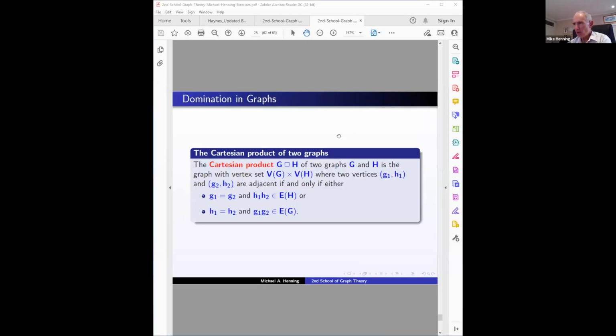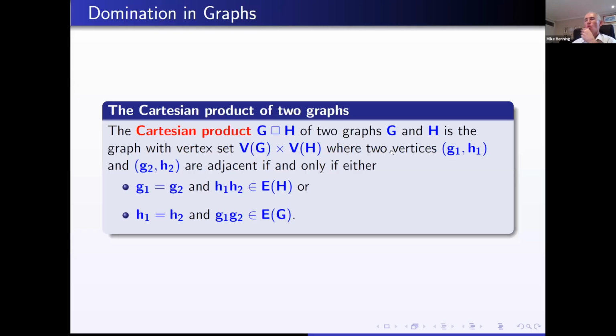Let's take this example, which you may be familiar with. I'd like to give you a construction of a graph which has diameter 2. Everything's really close together, but the domination number can be extremely large. And that's this Cartesian product that you may be familiar with. You pick your 2 favorite graphs, and you form what's called the Cartesian product.